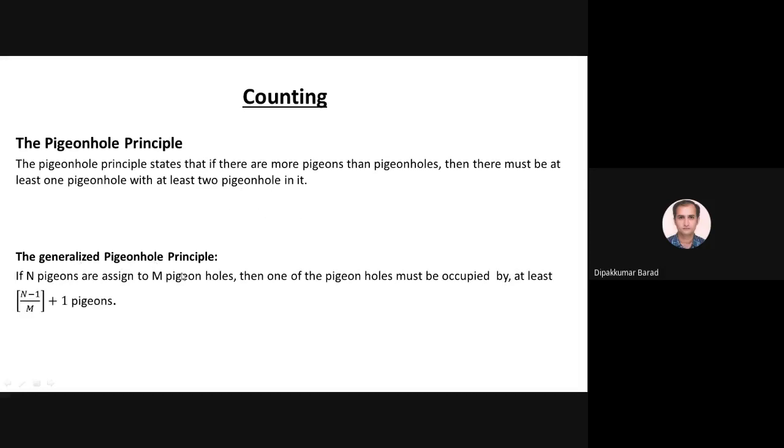And the generalized pigeonhole principle: let n pigeons be assigned to m pigeonholes. Then one of the pigeonholes must be occupied by at least the ceiling of (n minus 1) divided by m, plus 1 pigeons. Again, this is the pigeonhole principle which we have already discussed.